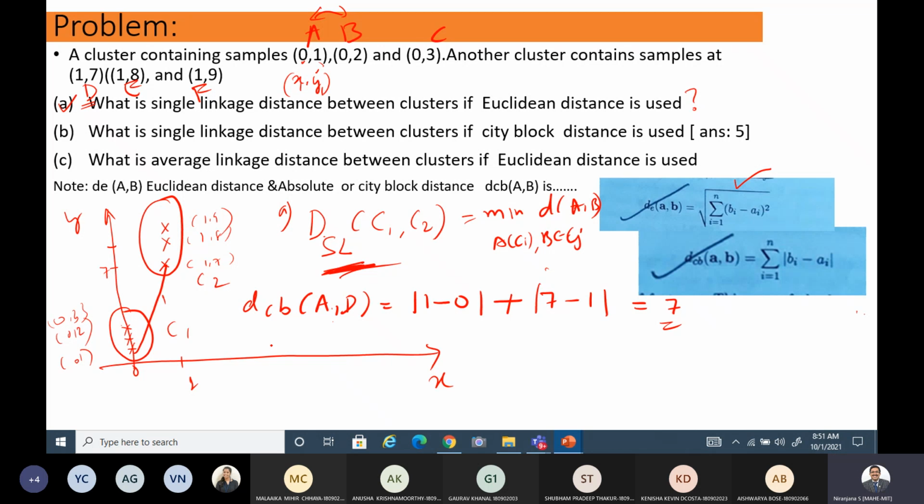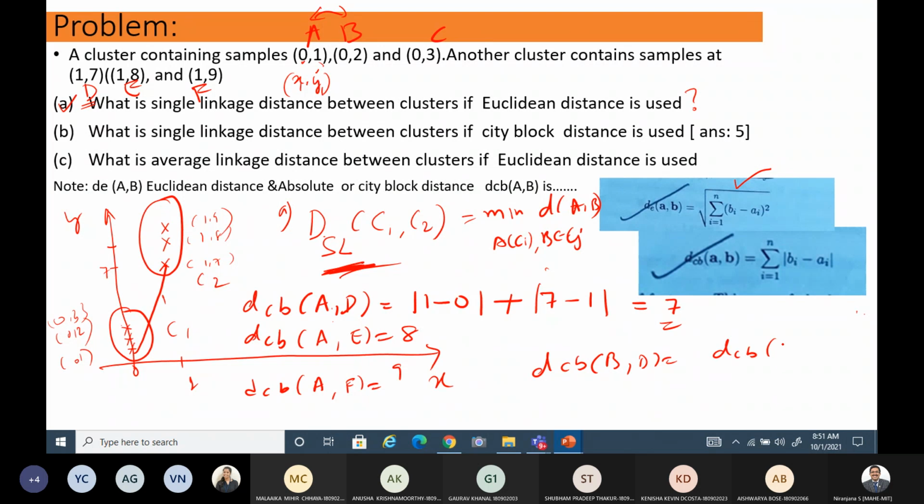So can you tell me other values? City block distance between A to E, how much? Between A to F? 8 and 9. Okay, similarly, between B, D, B, E, B, F: 8, 8, 9, 10.